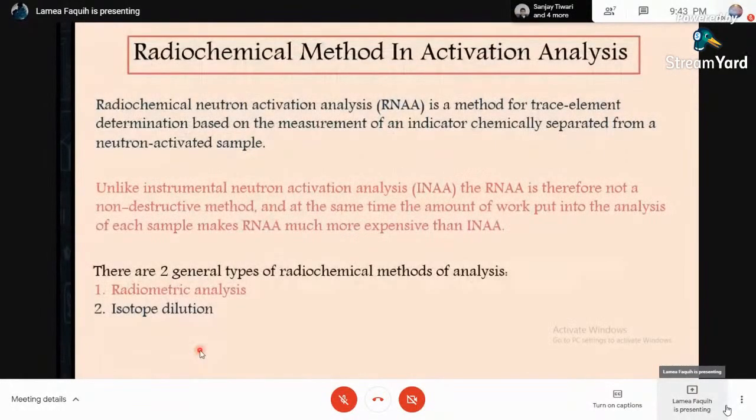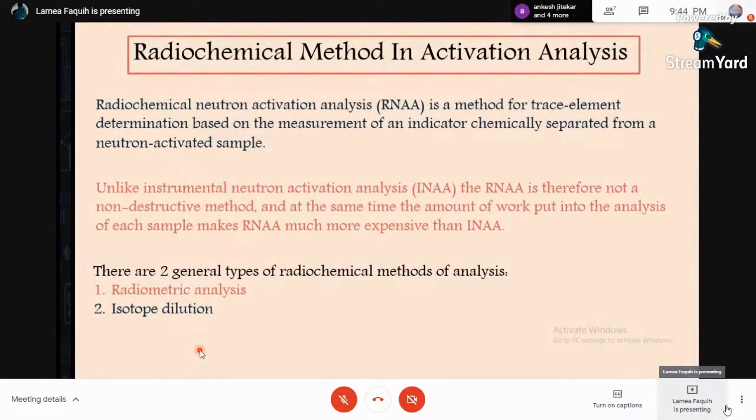Next is radiochemical methods in activation analysis. This is a method for detection of trace elements based on the amount of indicators separated chemically from a neutron activated sample. Previously, instrumental neutron activation analysis, INAA, was a destructive technique, right?